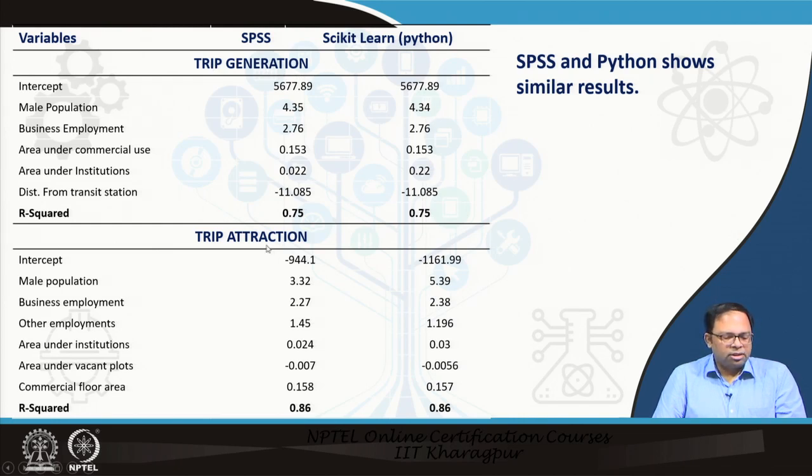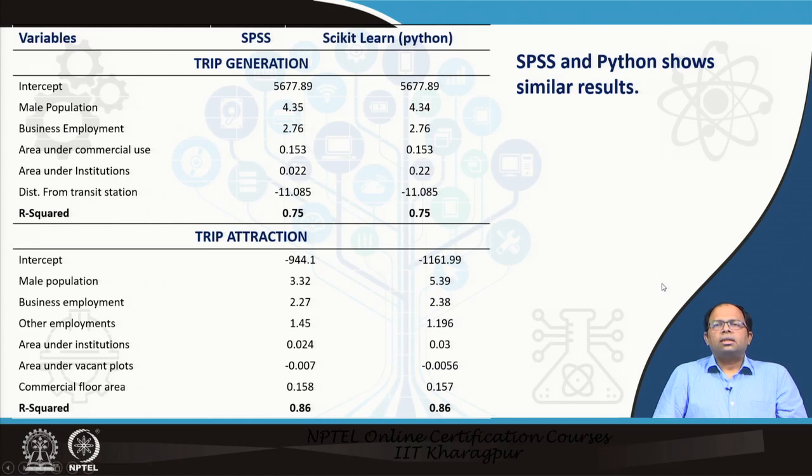The same happens both for the trip generation as well as the trip attraction model. And here we can see that the intercept is a little bit changed, and the male population is there, and the reason it is changed is that we saw that two of the variables, male population and commercial, one of the variables was correlated. That is why we had some difference. So, we see the R square values are more or less the same. Mostly it is showing similar results.